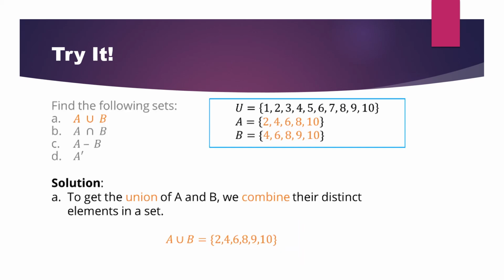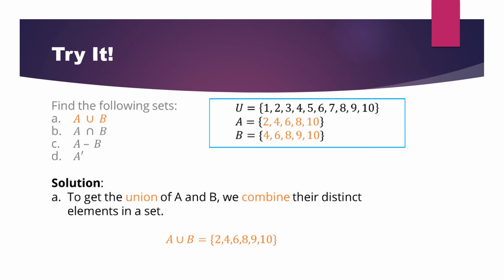Next, find the following sets. Letter A, A union B. To get the union of sets A and B, we combine their distinct elements. Combine all the elements found in both set A and set B. We have A union B is equal to 2, 4, 6, 8, 9, and 10.